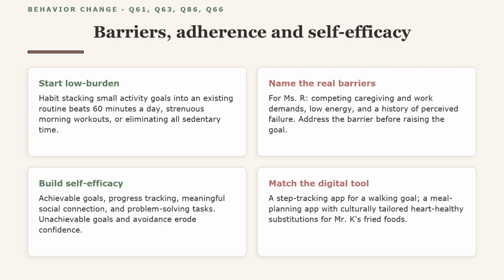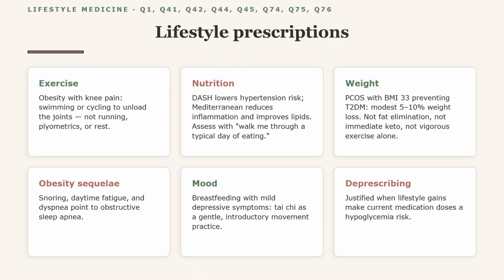So we want to look at the real barriers, setting the patient up, building achievable goals, progress tracking, social interaction, action, and perhaps integrating digital tools into our patient teaching, like a walking app, or if someone is on weight management, an app for diet and exercise.